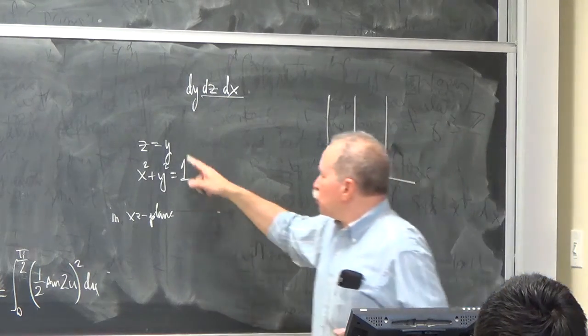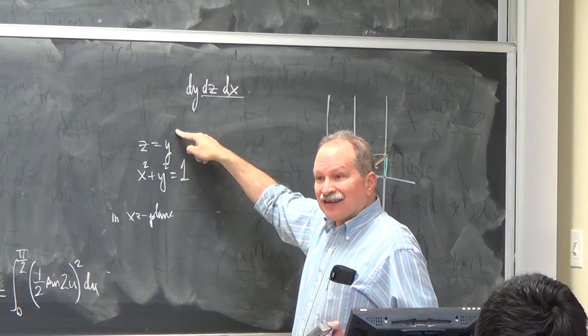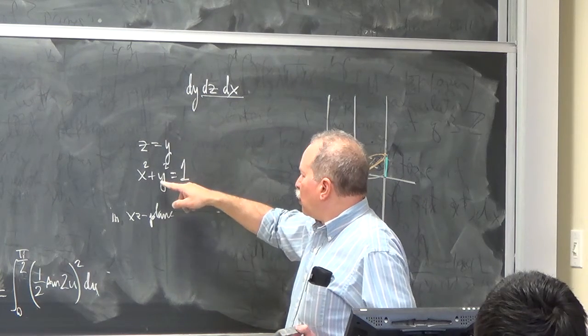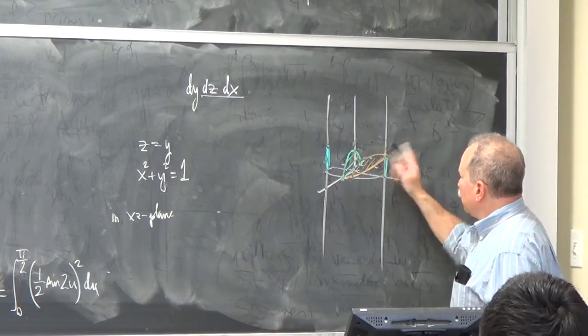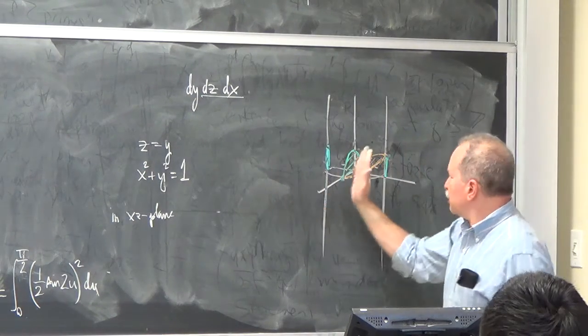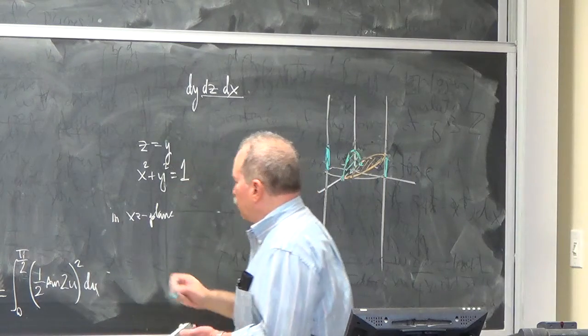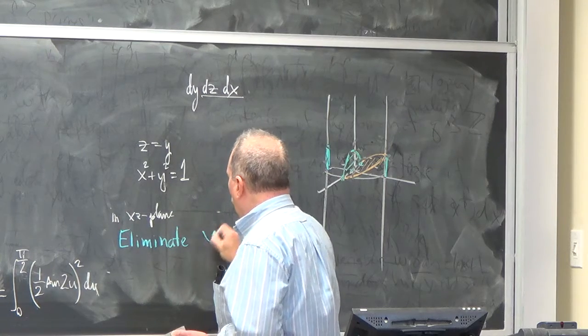So you want to take these equations and get rid of y. If you substitute, it just becomes x squared plus z squared. So where do these two things intersect? That's this curve. But if you take this curve and project it into the XZ plane, what we're trying to do is get rid of y.